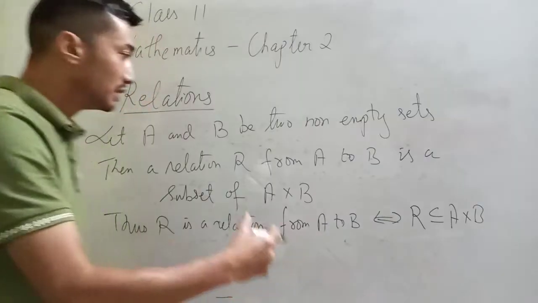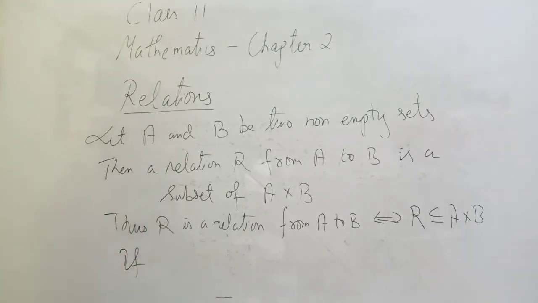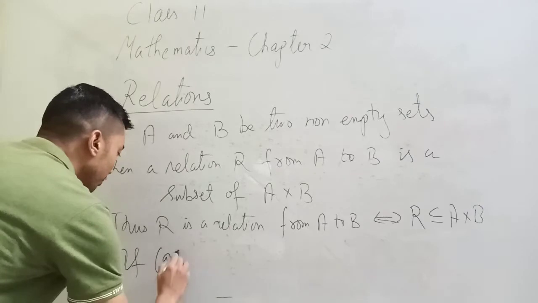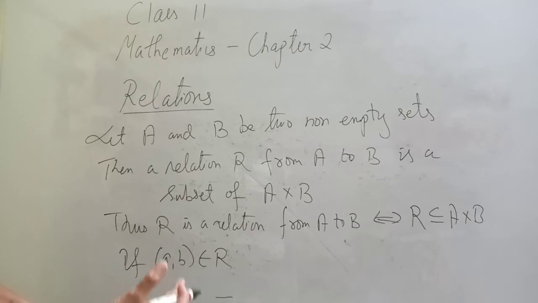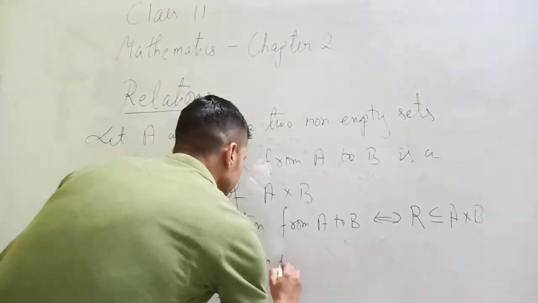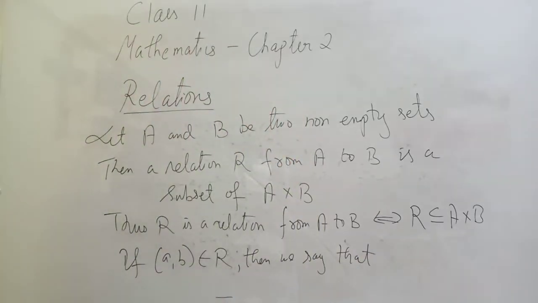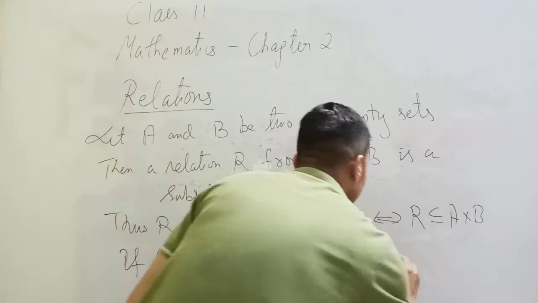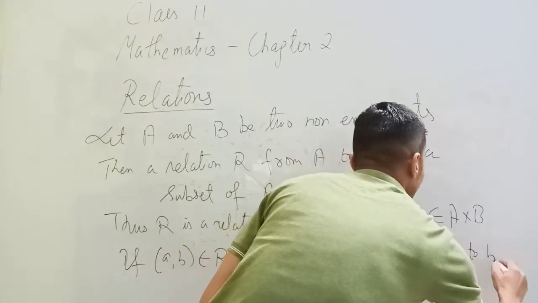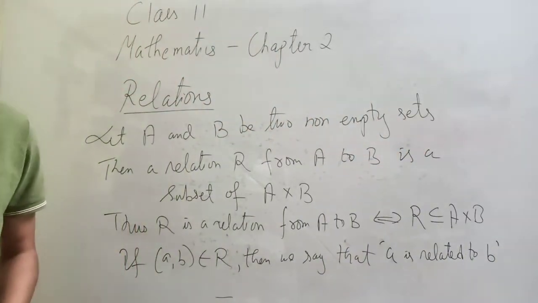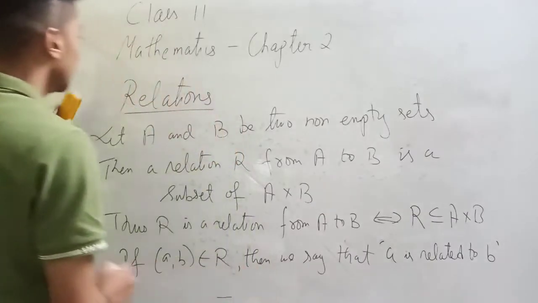So each ordered pair of R, if an ordered pair belongs to R, then we say that A is related to B.